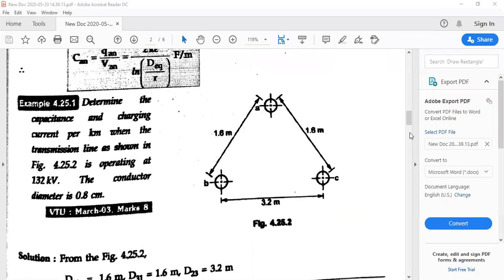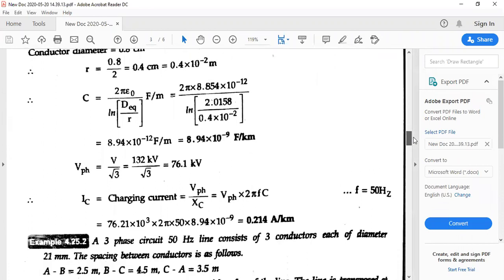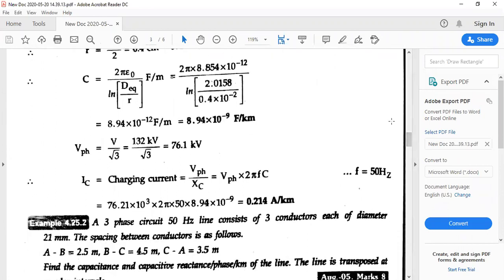Next, you need to list down what needs to be found. First, you need to find the capacitance CAN. It is given by 2 pi epsilon naught, where epsilon naught is 8.854 into 10 power minus 12, divided by ln of D equivalent over r.